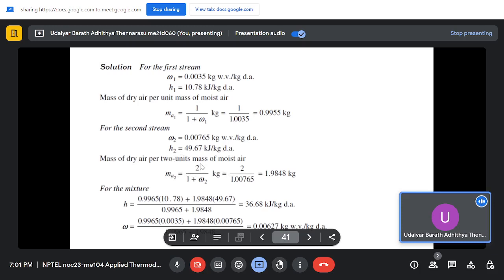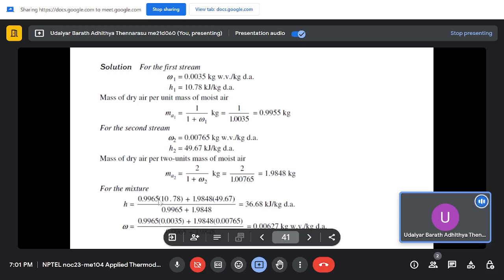Here this is 2/3, so we multiply it by 2, because previously the first stream was coming in 1/3, so this is 2/3. So for 2 units we will multiply by 2, so 2 by 1 plus omega 2 will come out to be 1.9848 kg.